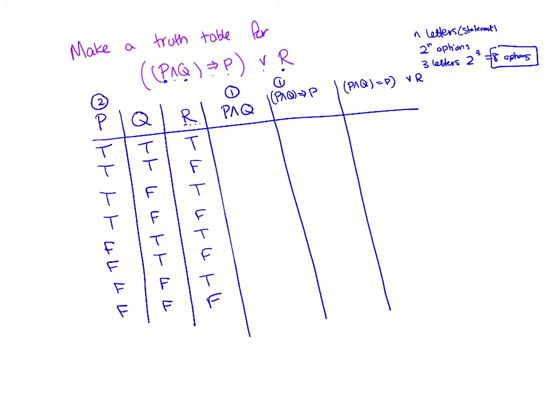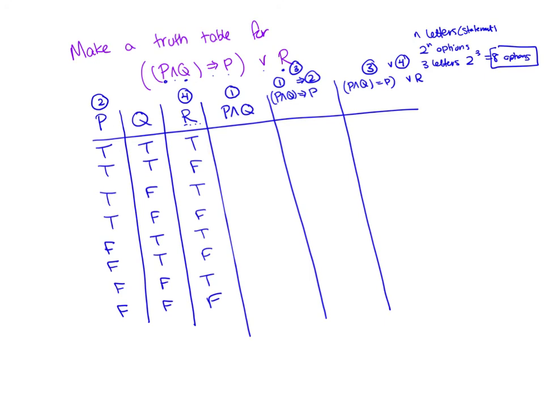So this is really 1 implies 2. And then maybe I called that whole thing 3. So this is 3, or we'll just label that R as 4. So we'll kind of put these together as we go.